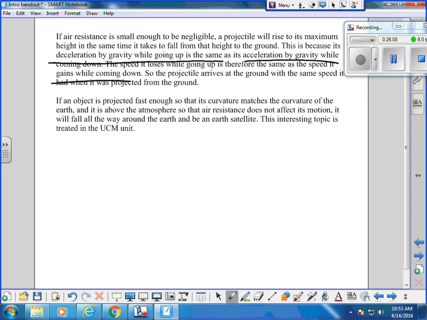The launch speed, quite often referred to as the muzzle velocity, is how fast it leaves the muzzle. The muzzle velocity is the same as the landing velocity, provided that one thing: if you launch from ground level and you land at ground level, it's going to be the same. But what if you don't launch from ground level?